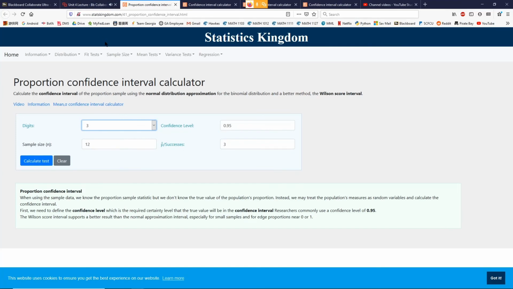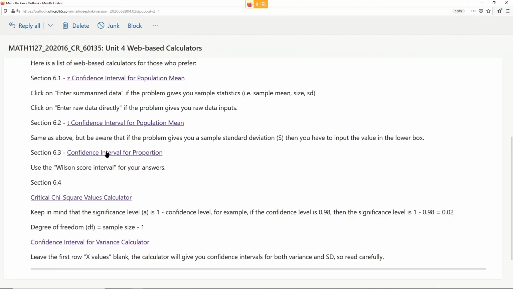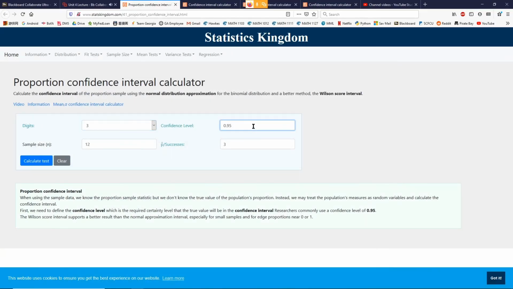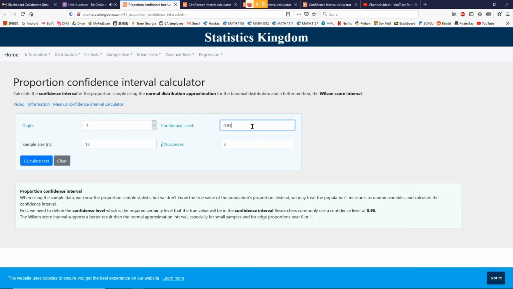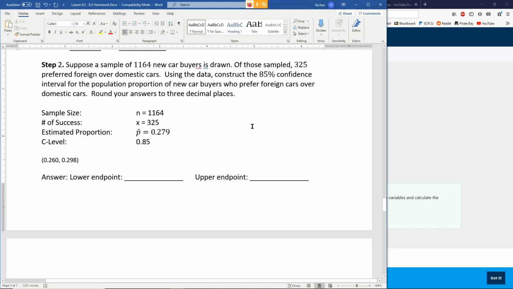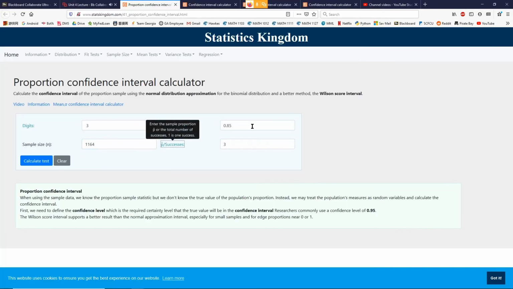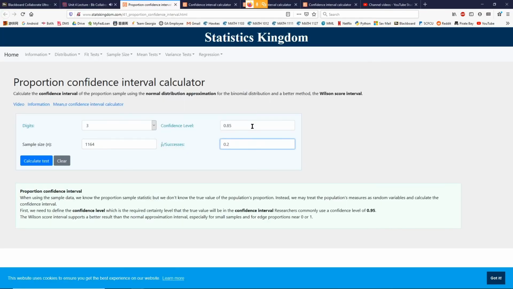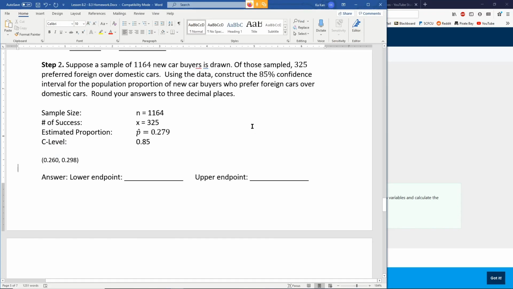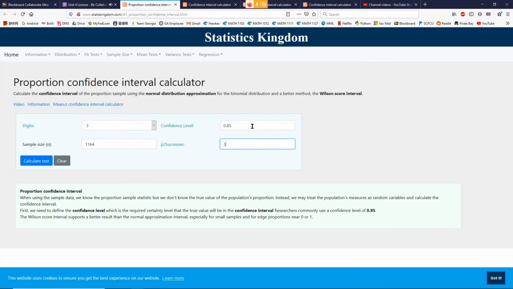The confidence level is 0.85, the sample size is 1164, and the number of successes is 325. So let's calculate.